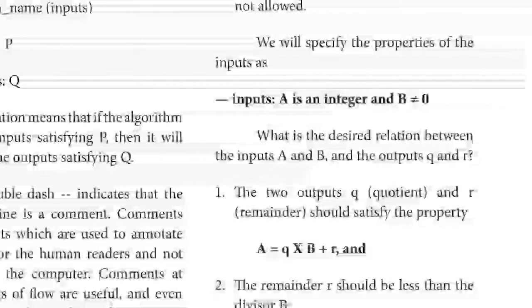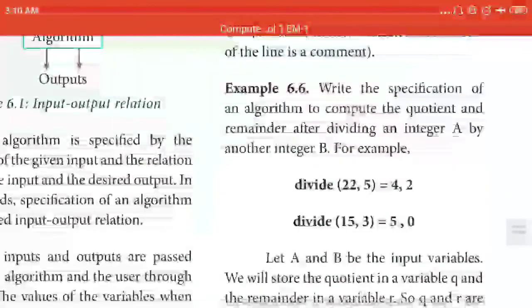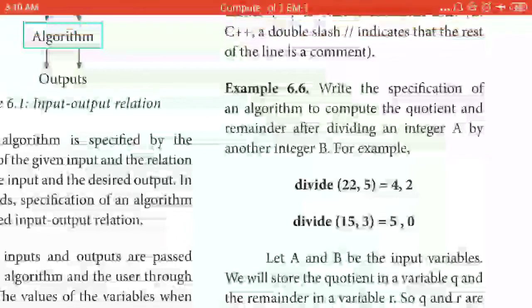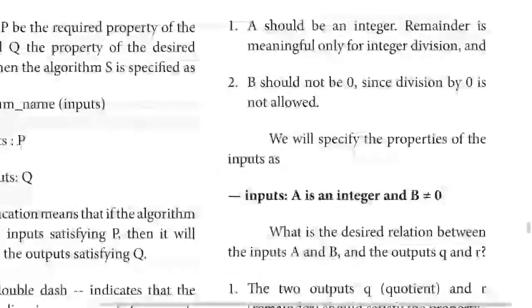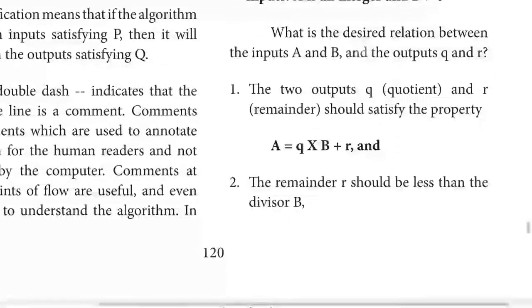So here you can show this like this. Input: a is an integer and b is not equal to 0. If you divide any number by 0, then it is not possible. So you have to give the relationship between input and output.